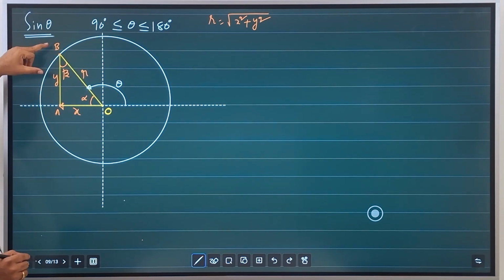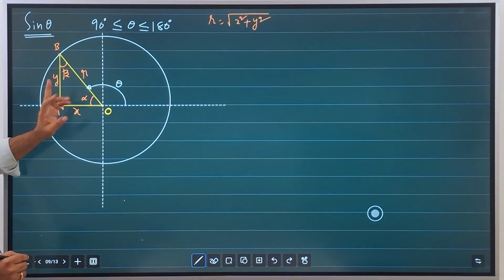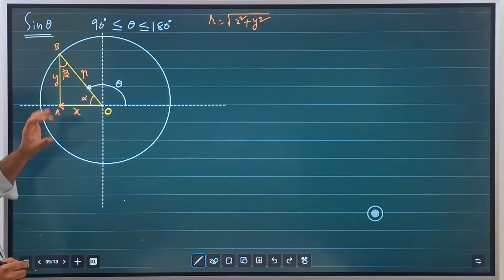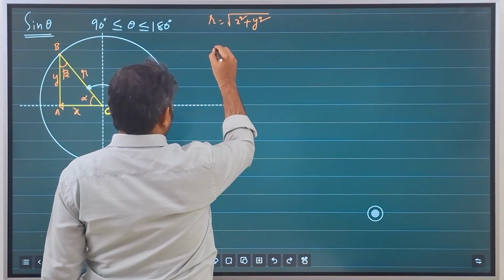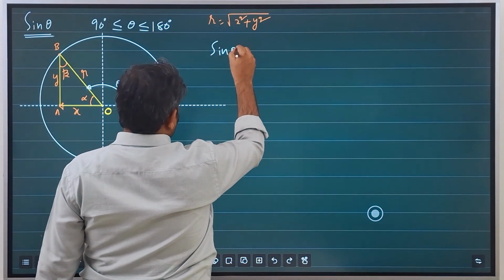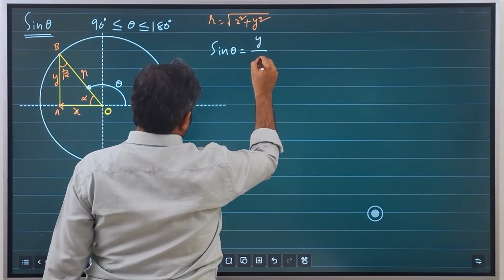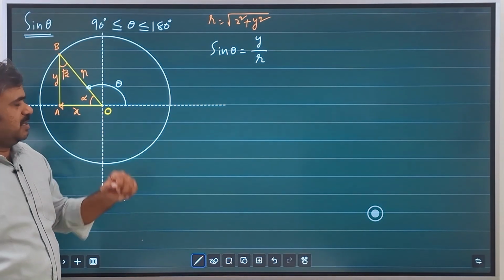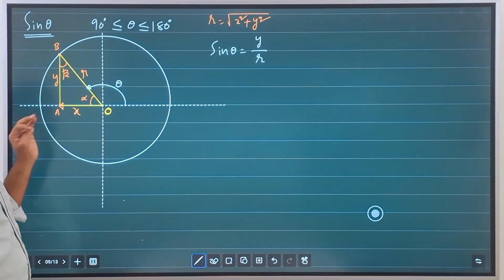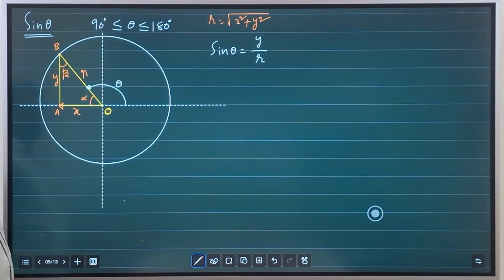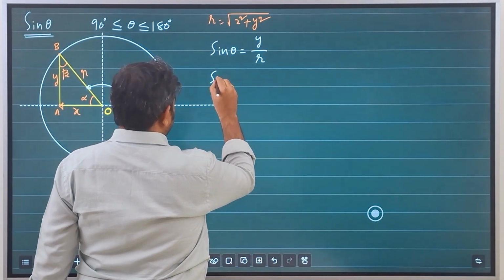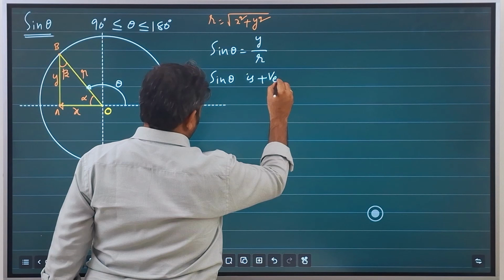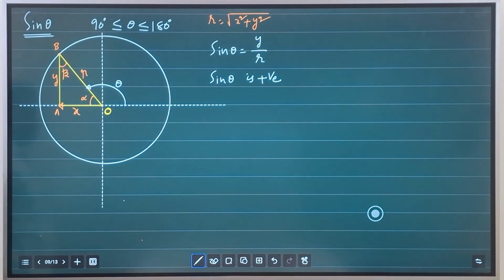AB is the side opposite to theta. Y is positive, so the ratio sine theta is positive. We write sine theta is equal to y divided by r. Y is positive, r is positive, so sine theta is positive. So in the second quadrant, the value of sine theta is positive.